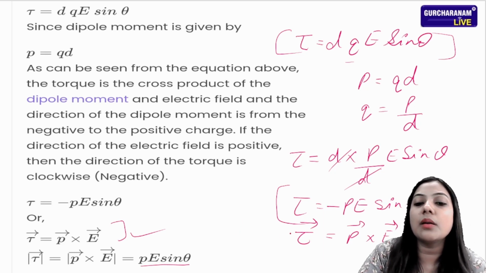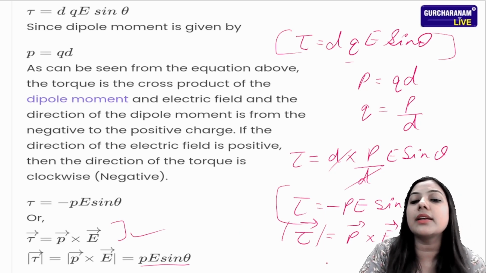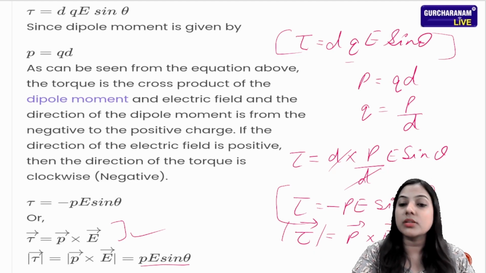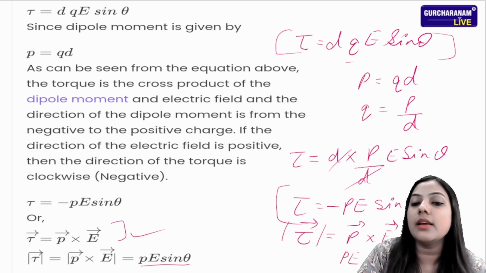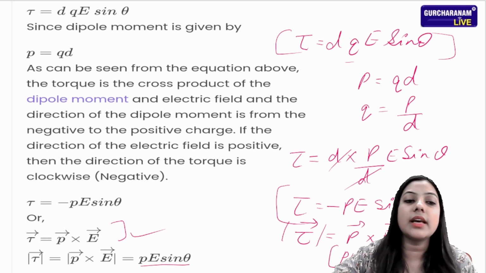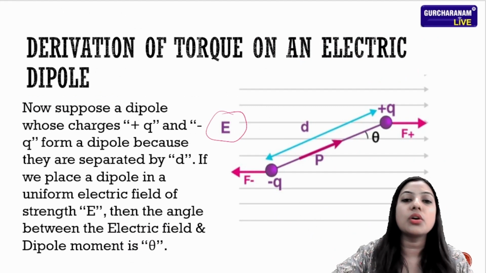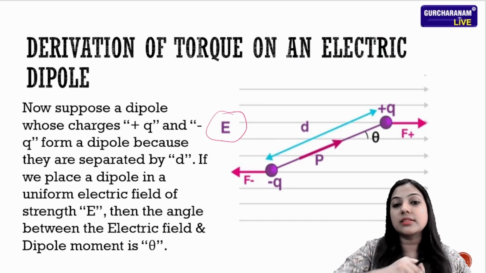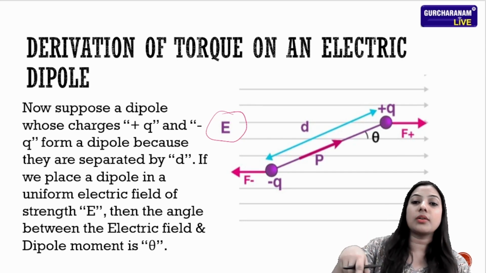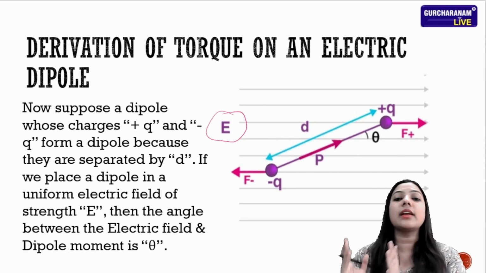If we take the modulus of the torque, we will get the positive value of torque, which is PE sin theta. So this is the derivation of torque on an electric dipole.